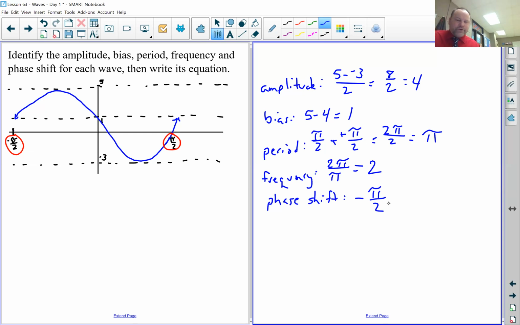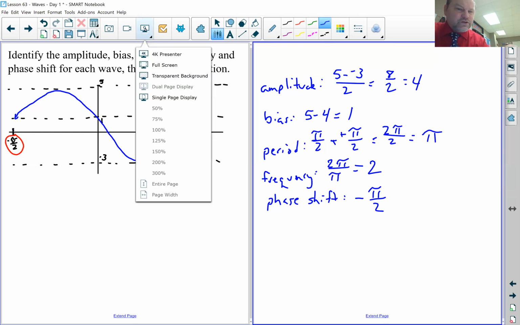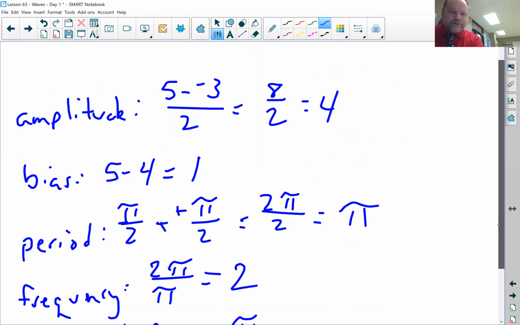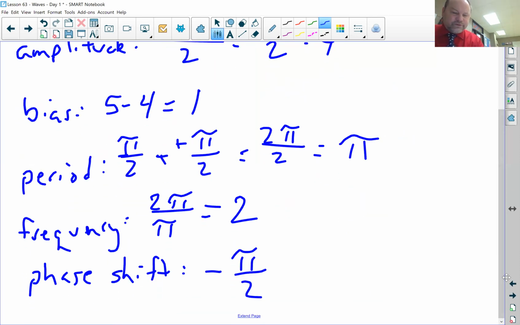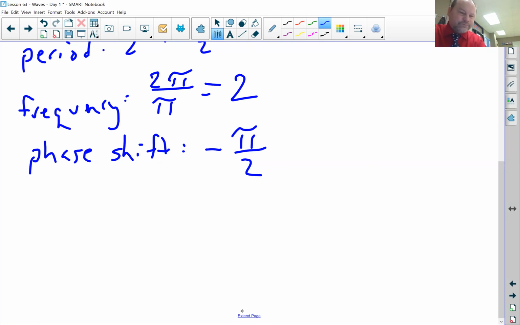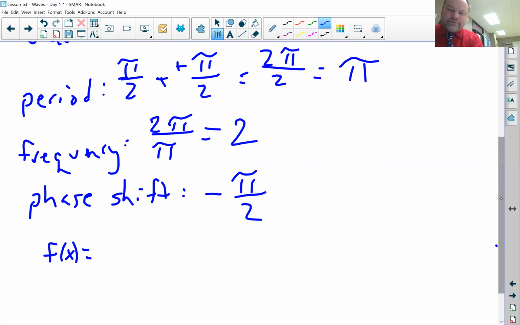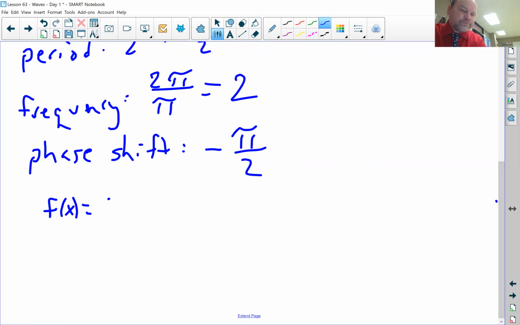The last thing we're going to do is write the equation. And for that, I'm going to go just to the single page because I've got everything that I need to write that equation. We would get the amplitude for sine.